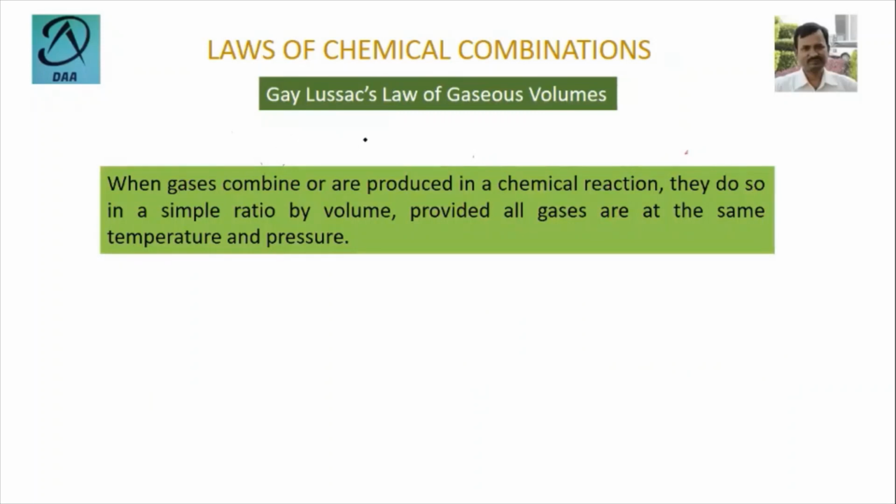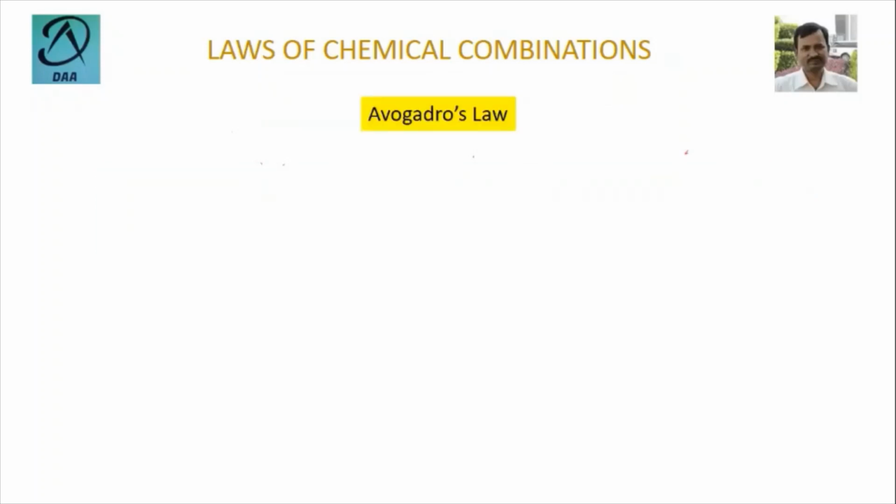So what is Gay-Lussac's law of gaseous volumes? When gases combine or are produced in a chemical reaction, they do so in a simple ratio by volume, provided all gases are at the same temperature and pressure. We have to mention this always when describing Gay-Lussac's law of gaseous volumes.